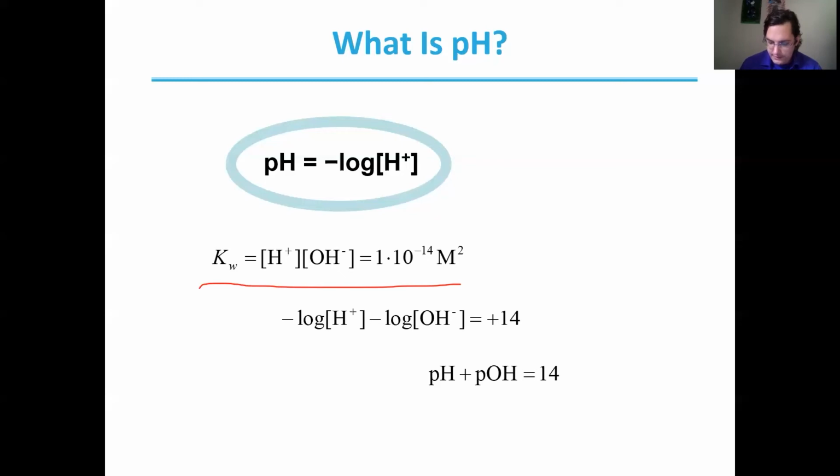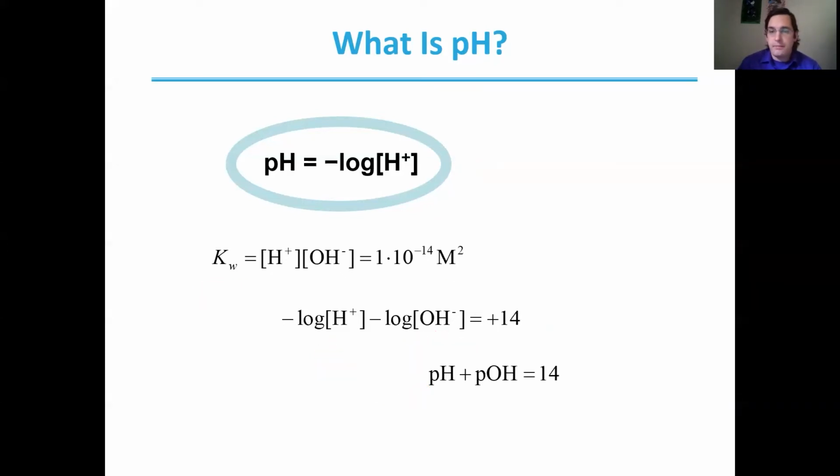And this simplifies to pH, which is the negative log of the H plus, or the hydronium ion concentration, plus the pOH, which is just the negative log of the hydroxide ion concentration. So both of these terms are coming directly from that equation above.